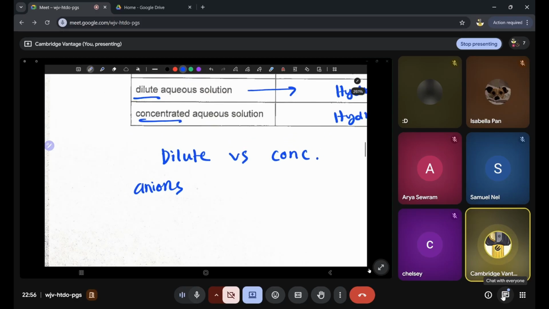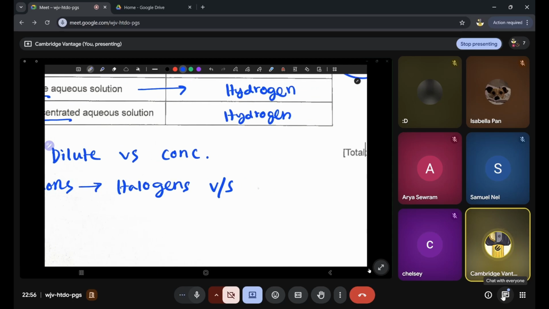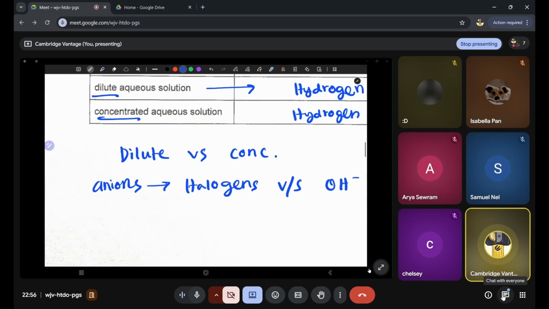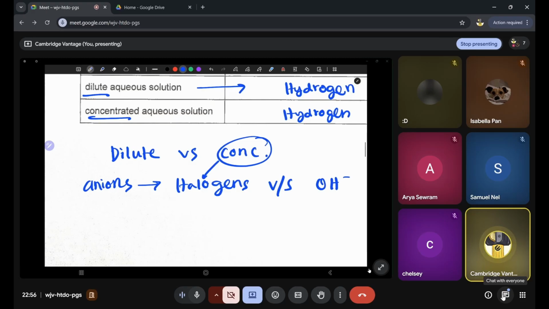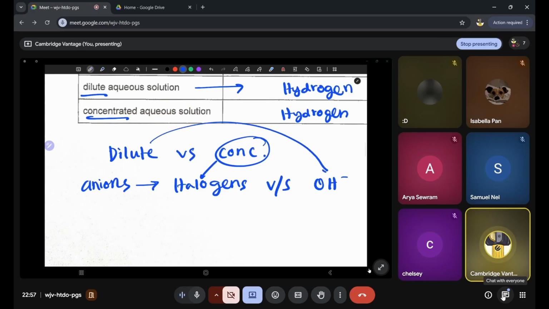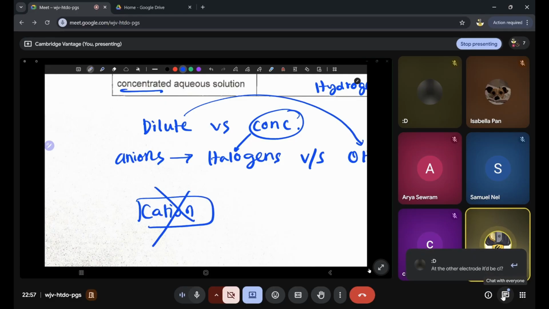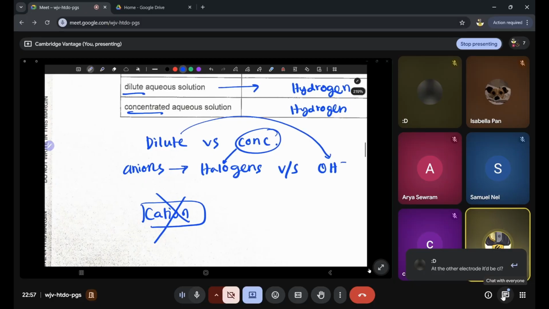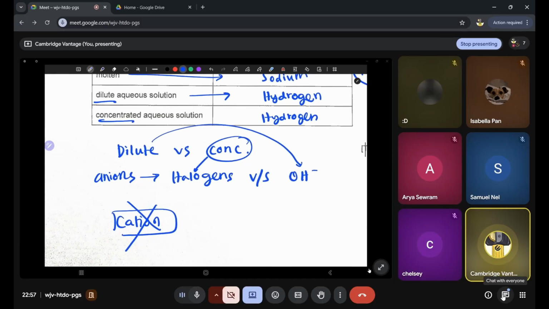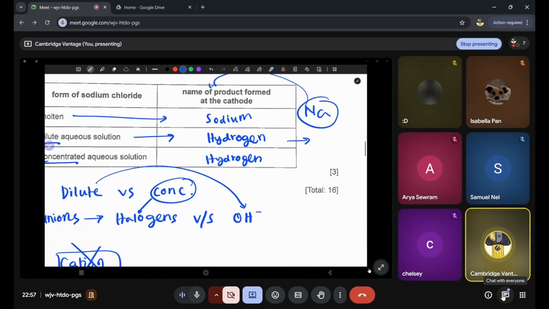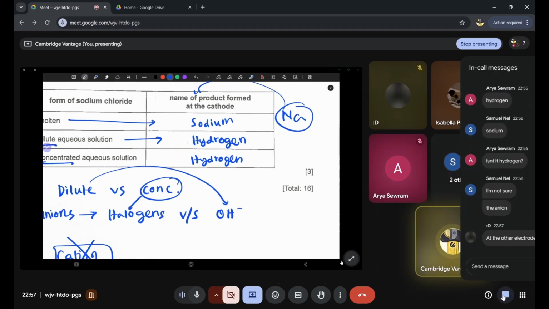And even then, it's for halogens versus your hydroxide. So if it's concentrated, the halogen is going to be released. If it's dilute, then the hydroxide is going to be released. At no point in time, it's going to affect the cation. The cation is not affected by the concentration. Yes, Liat, you are correct. At the other electrode, it would be chlorine gas when it's concentrated, but when it's dilute, it should have been oxygen. Does this clarify things for you, Sam?